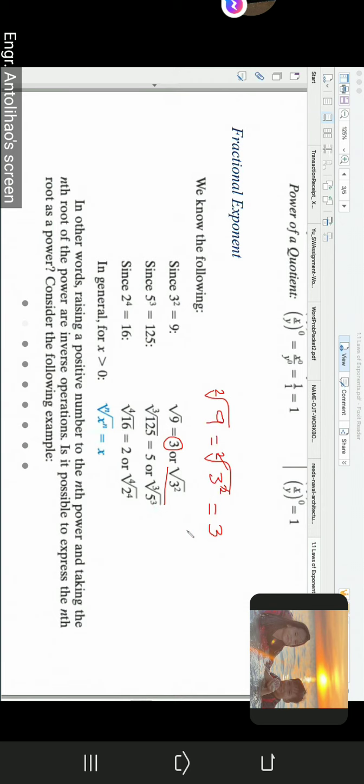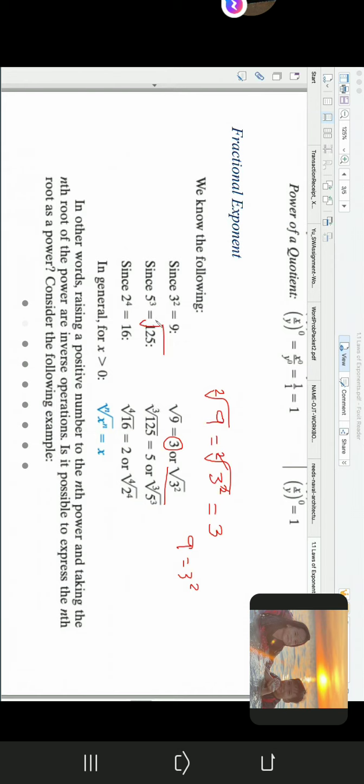So we can also say that 9 is equal to 3 squared. The same with 5 cubed is equal to 125, and 2 to the power of 4 is equal to 16. Since this is cube, you have to get the cube root for this.